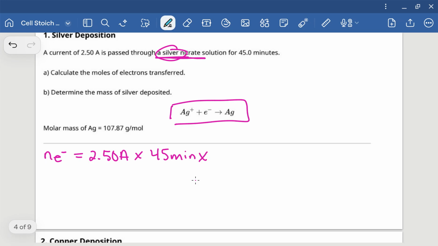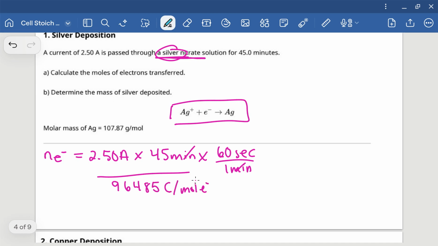So we'll multiply this by 60 seconds in 1 minute, so that we can see minutes canceling, and this is all over Faraday's constant, 96485 coulombs per mole of electrons. So you go ahead and put this into your calculator, and once you round it, your answer is 0.0700 moles of electrons.